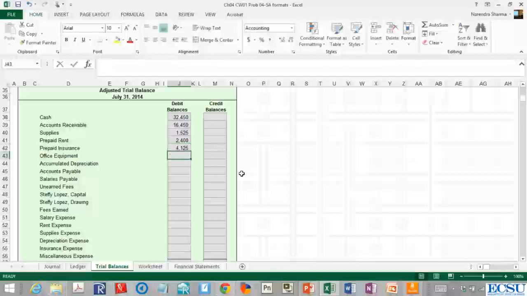And then office equipment was 14,000. Accumulated depreciation on the credit side was 750. Accounts payable was 1,300 credit. Salaries payable 175 credit. Unearned fees was 2,750 credit. I'm bringing all these from the worksheet I've just completed. And then drawings was the debit 12,500. Fees earned was 44,000 something.